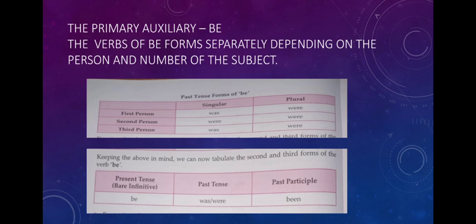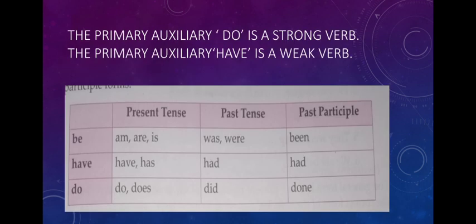The primary auxiliary do, we can call it a strong verb. Remember this table, we have done it already in Chapter 7, the forms of be, have, and do. The forms of do we can call a strong verb because these are irregular verbs.